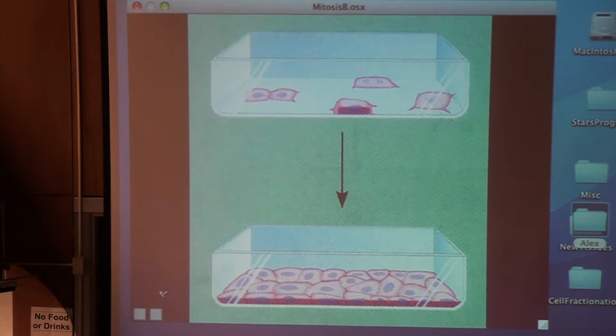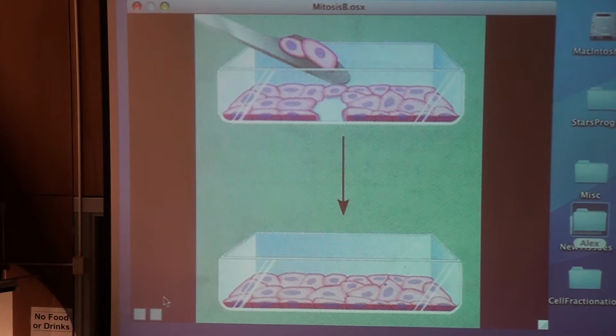Now, if you were to scoop out some of these, like this, then at least for these ones in this area, there's no longer contact inhibition because they have an edge that's not touching. So then they will start to go into mitosis again. But again, it's a very controlled thing, and they'll only divide enough to fill in the missing area, and then the contact inhibition kicks in again, and they'll stop themselves.